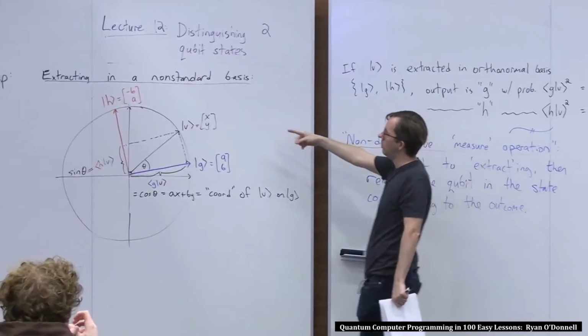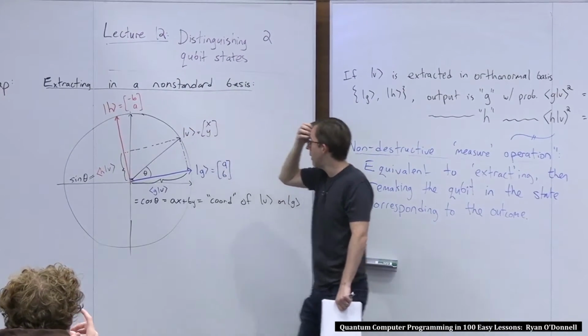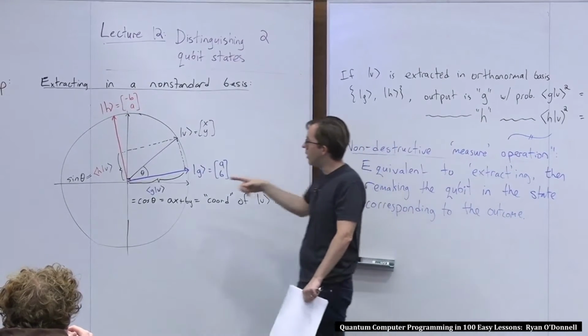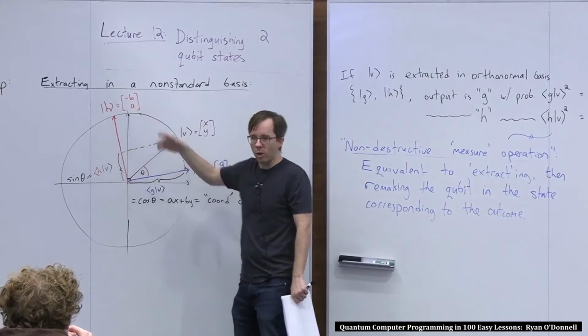And what happens when you put in a qubit whose state is ket V? Well, you just tilt your head such that it looks like the usual 0, 1 picture, and then you do what you always did.